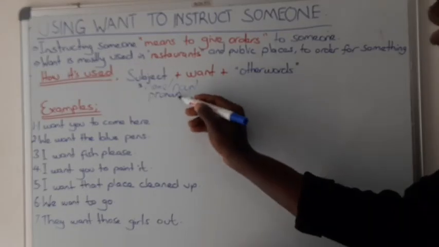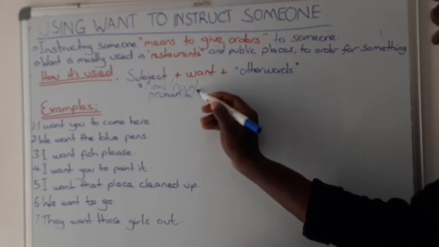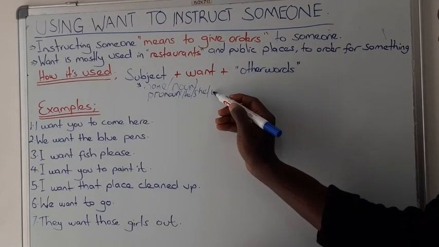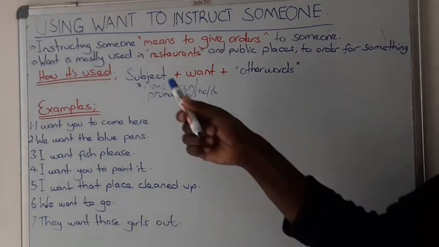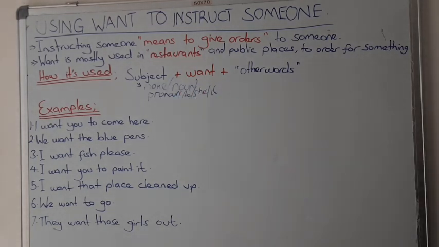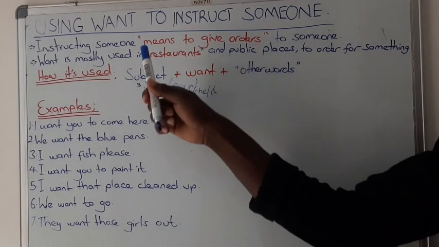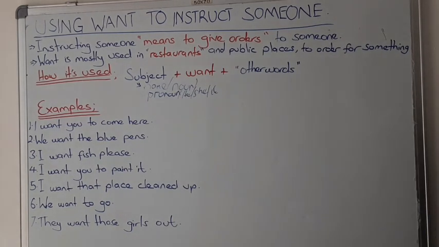And for pronouns we have he, she, it. If you didn't look at pronouns, you can review my video about subjects and pronouns in sentence construction. So a subject can be a name of anything or a pronoun.